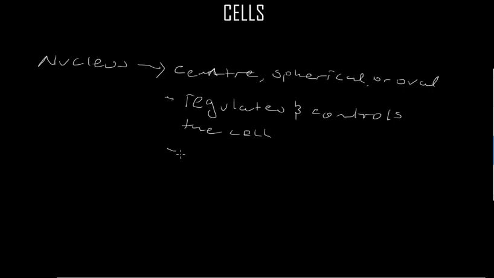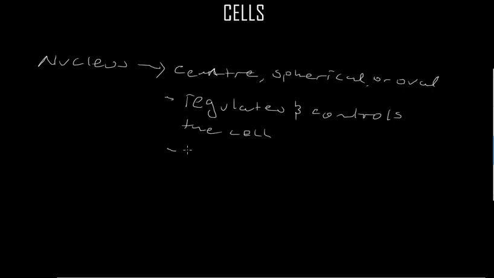Not all cells have the same functions, and the identification of a cell, the adaptation of a cell to its function, is contained in its genes, in its DNA, and this important information is stored in the nucleus.